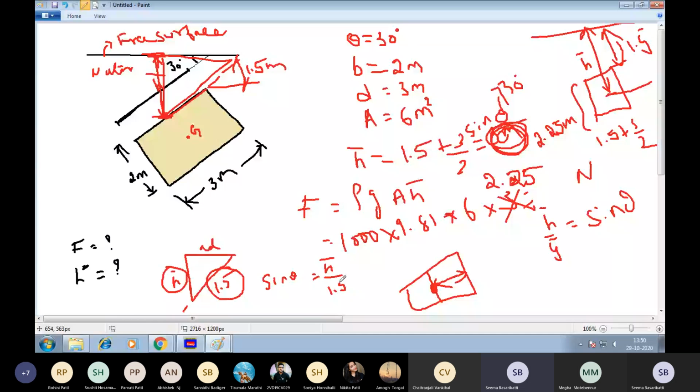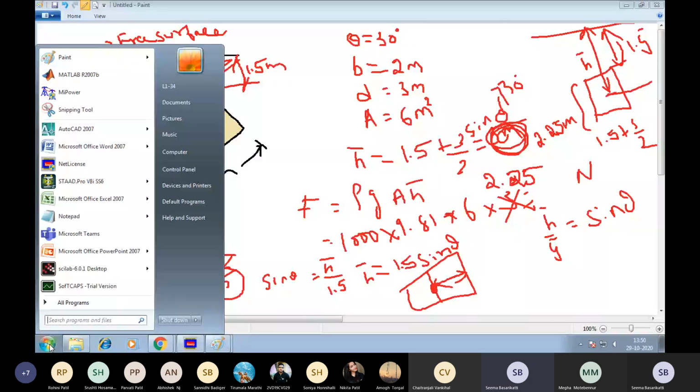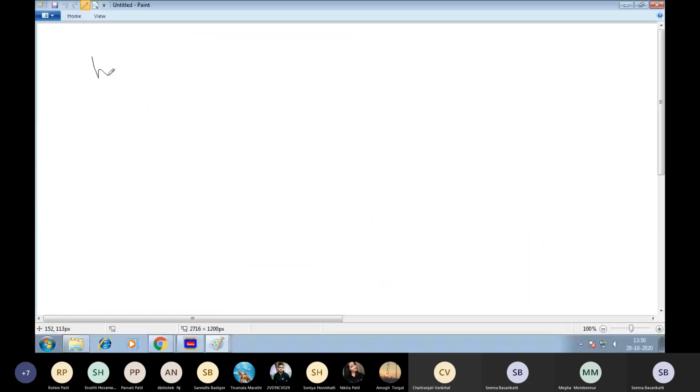So h bar is nothing but 1.5 into sine theta. This is how you calculate h bar. That is h bar is equal to 1.5 into sine 30 degree plus 1.5. So this will become 2.25 meter.